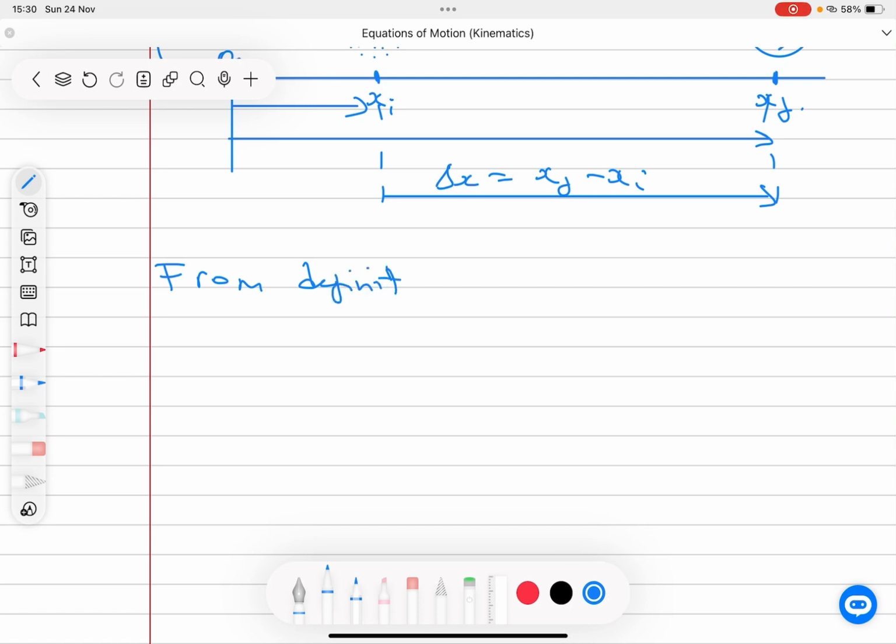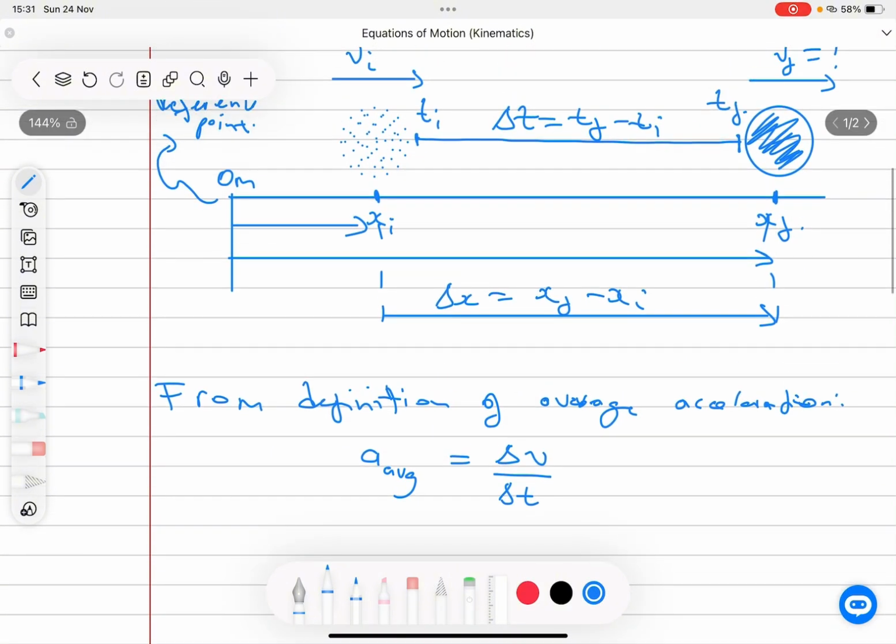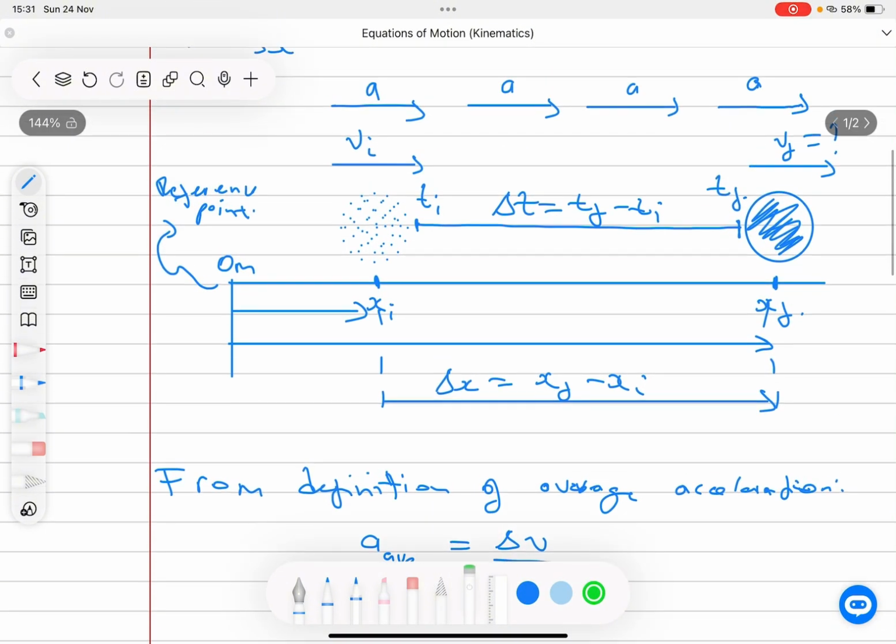from the definition of average acceleration, we know that the average acceleration, which is given by a avg, is defined as the change in velocity over the total time that it takes to change that velocity.